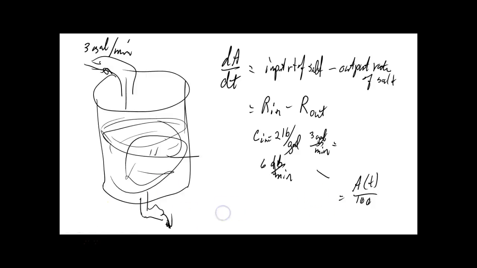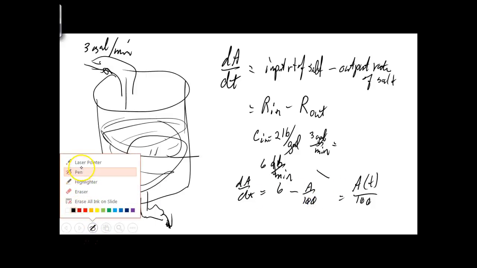Okay. All right. What I just had was dA/dt is equal to 6 minus A over 100. Remember, A is a variable, a function of time.